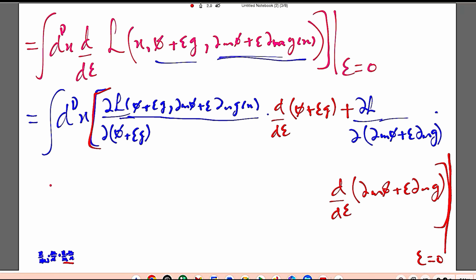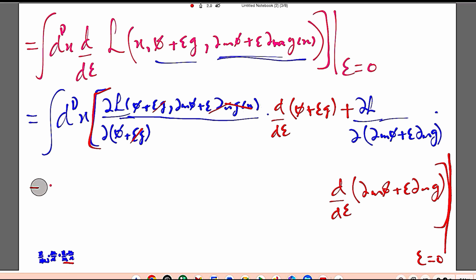Now there is a quick simplification that we can do right away by putting e equal to 0 wherever we can. So here we can put e equals to 0 because there will be no change. So e equals to 0, this term vanishes. E equals to 0, this term vanishes, and this term vanishes as well, this whole term.